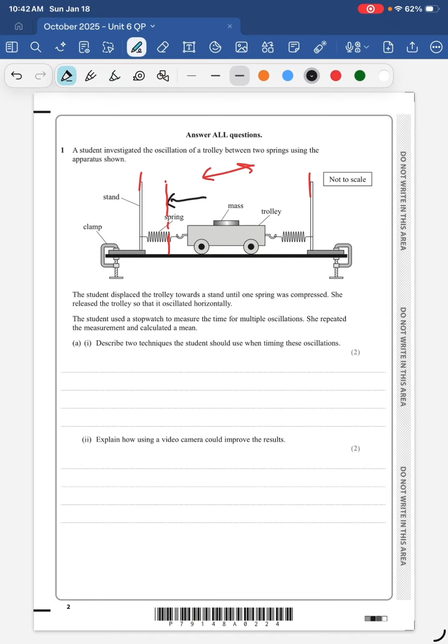So, okay, she can use a timing marker at the center of the oscillation.